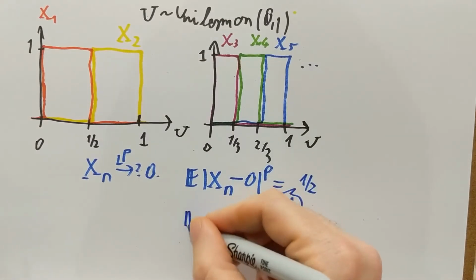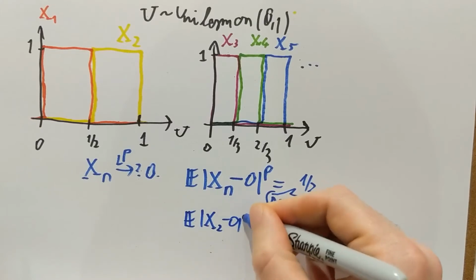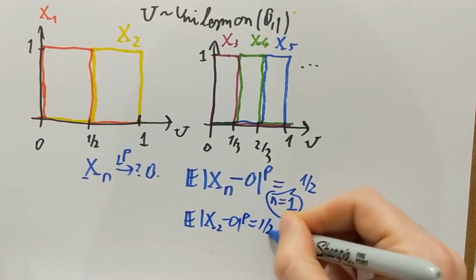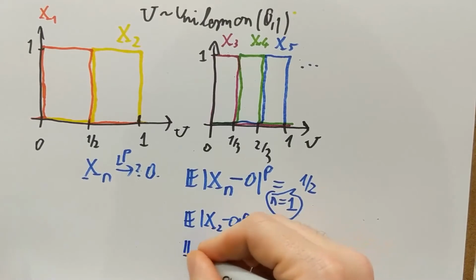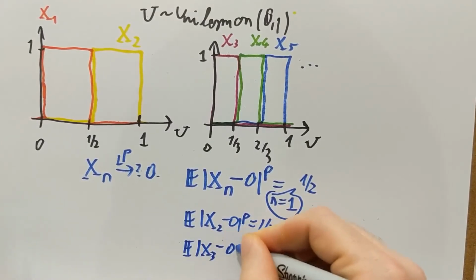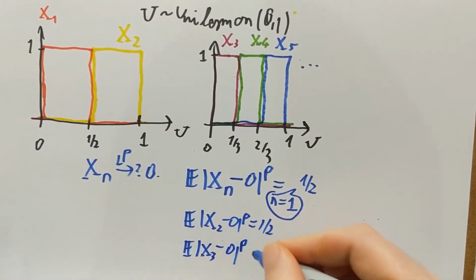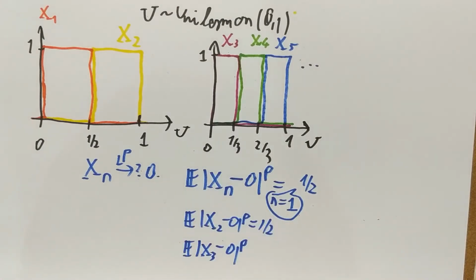The expectation for n equals 2 is also 1/2. For n equals 3, when is X3 minus 0 to the p power equal to 1? It's 1 when U is between 0 and 1/3, which has probability 1/3.